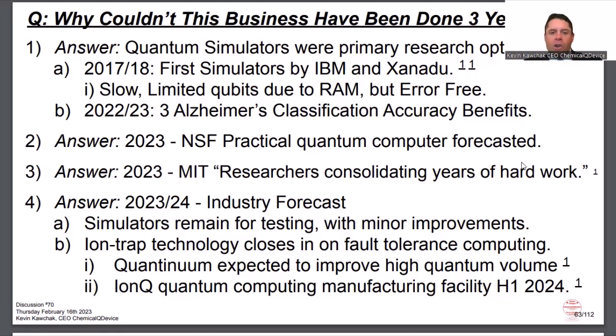And then you have ion trap technology closing in on fault tolerance. That's like climbing up those steps, getting closer and closer, so we don't have to run as much on quantum simulators. As I mentioned before, Quantinuum is expected to improve their high quantum volume. IonQ has a quantum manufacturing facility, first half of 2024.